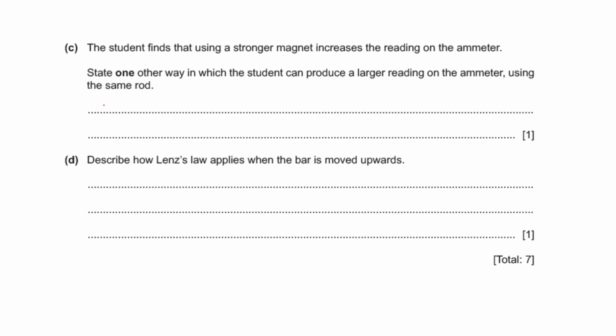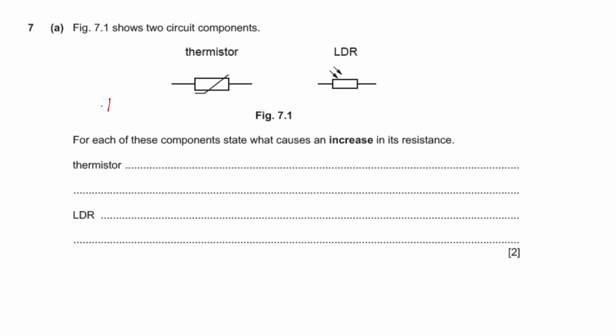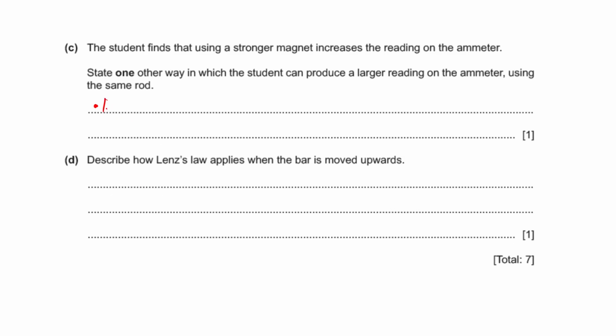So the other way is to increase the speed of the rod. Or you can say use a bigger magnet.